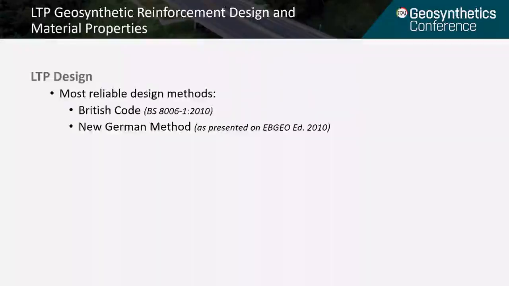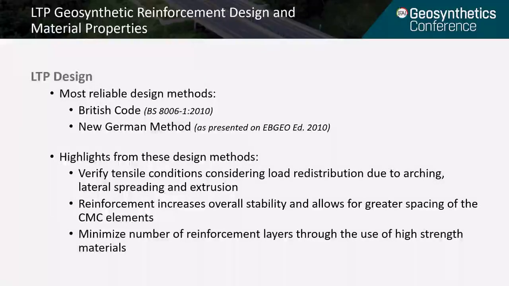There are multiple methods for designing the load transfer platform and for obtaining the geosynthetic reinforcement requirements. Some of these methods are too simplistic and can greatly underestimate the required resistance of the reinforcement. The paper shows that the most reliable methods are the British and the New German methods. These verify the tensile stress condition of the reinforcement under different requirements: load distribution due to arching, lateral spreading, and extrusion.